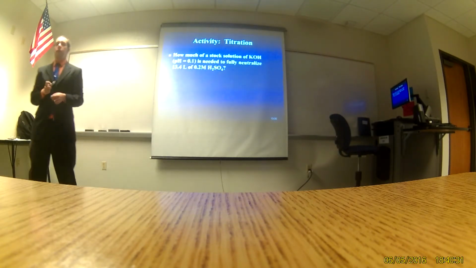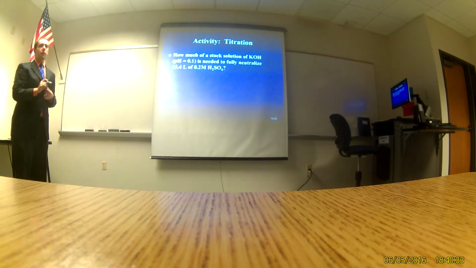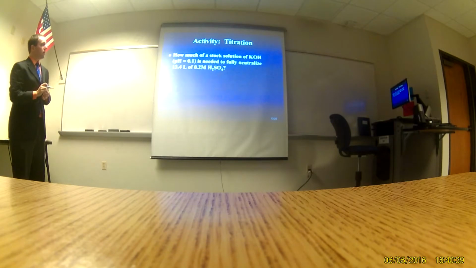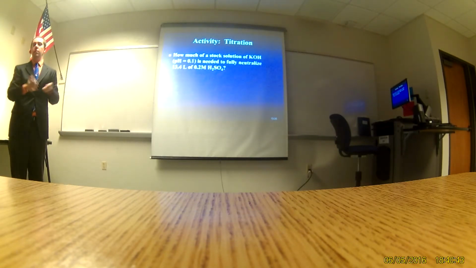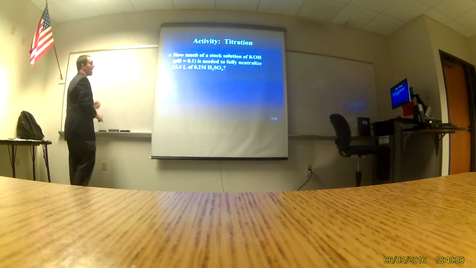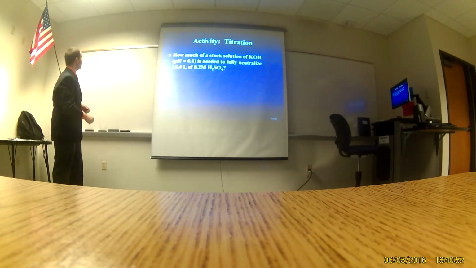Which of those 4 variables are we trying to solve for? It says how much, so it's one of the volumes. Which volume do you want it to be? We'll say we're looking for V2. So we have to be given the other 3.